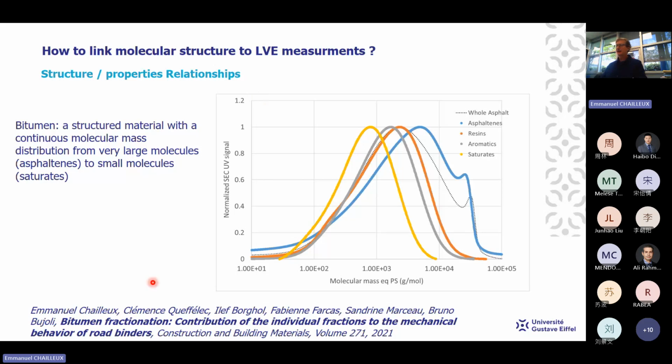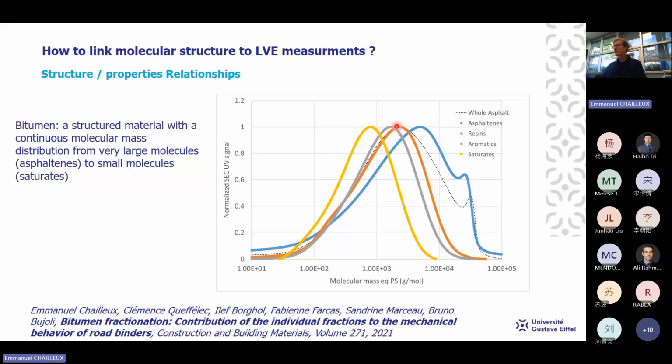You can see here a size exclusion chromatography spectrogram of the whole bitumen in the dotted line, but also the spectrograms of the asphaltene, which corresponds to the higher molecular mass, the saturate, which corresponds to the lowest, and the intermediate fractions, the aromatic and the resin.